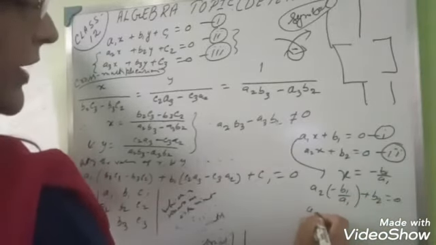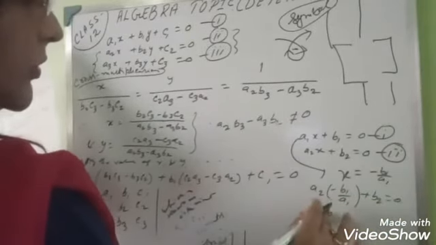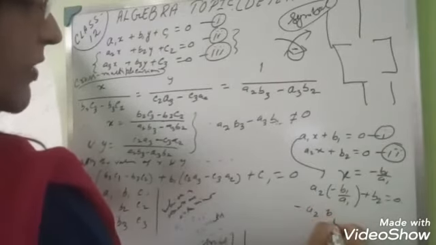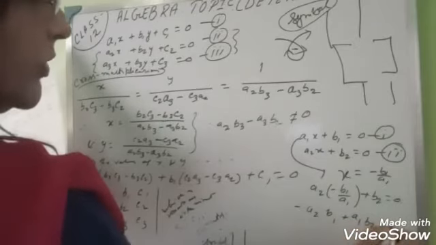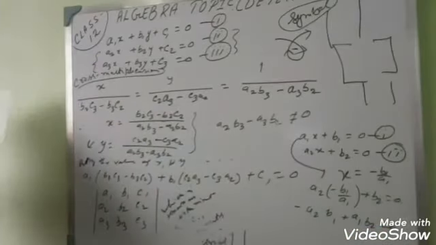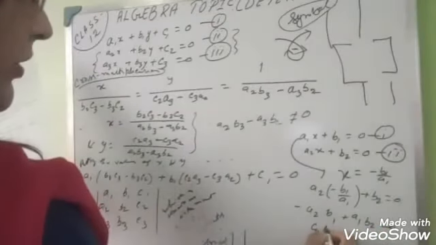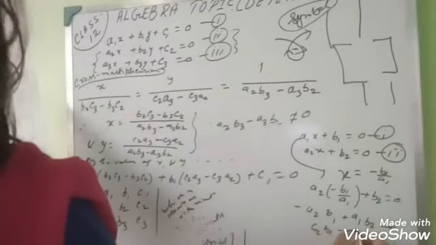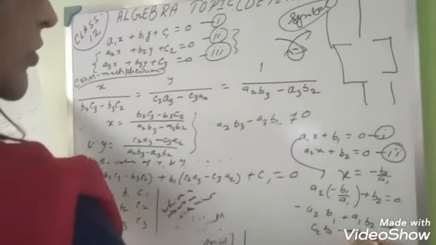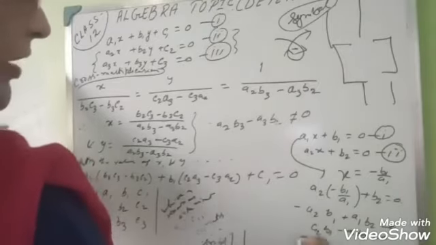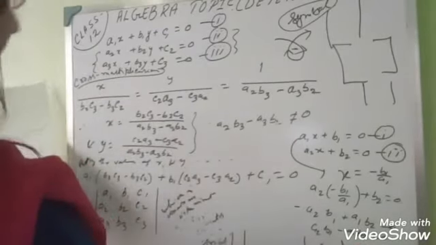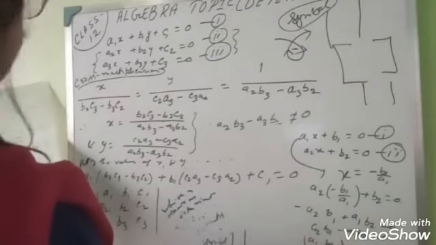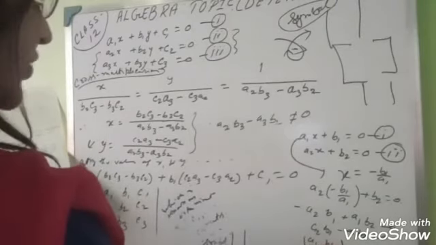Then we get minus a2 b1 plus a1 b2 is equal to 0, or we can write a1 b2 minus a2 b1 is equal to 0. Right. Now if we want to write in the determinant form, then what we will write? a1 b1, a2 b2.